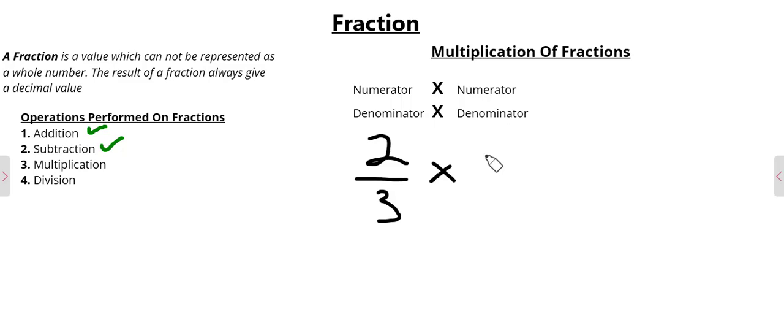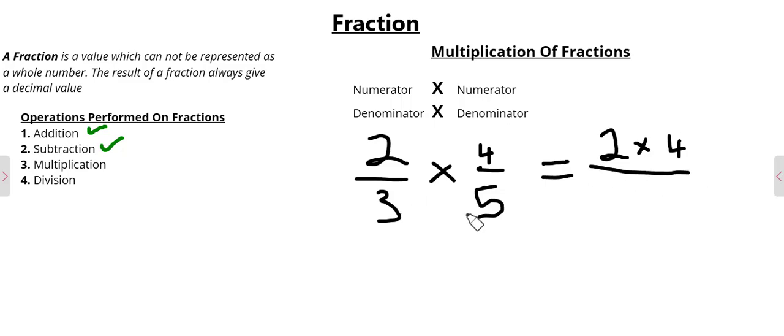So if we have this kind of fraction, 2 all over 3, multiplying 4 over 5, what then becomes the answer? Since we are not looking for the LCM and it is numerator multiplying numerator, it's going to be 2 times 4 all over what? 3 times 5.